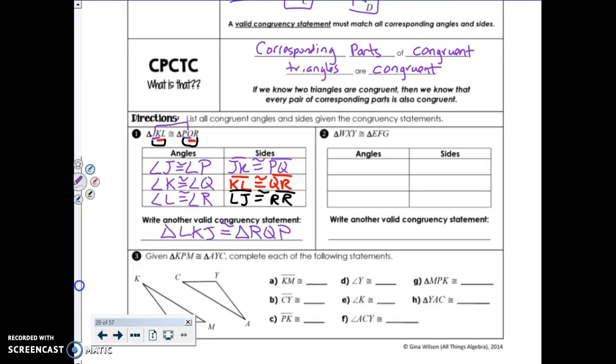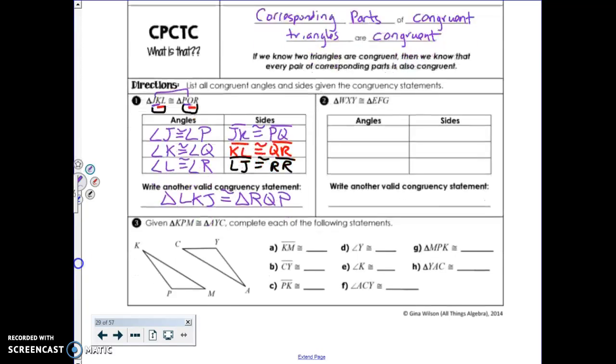But there's 4 other different unique congruency statements because I'm pretty sure you can do 6 different ones, if my math is right. All right, number 3, I'm not going to complete it with you, but based on these congruency statements, I would put in some congruency symbols for yourself, and that's going to make your answers a little bit easier, I think.